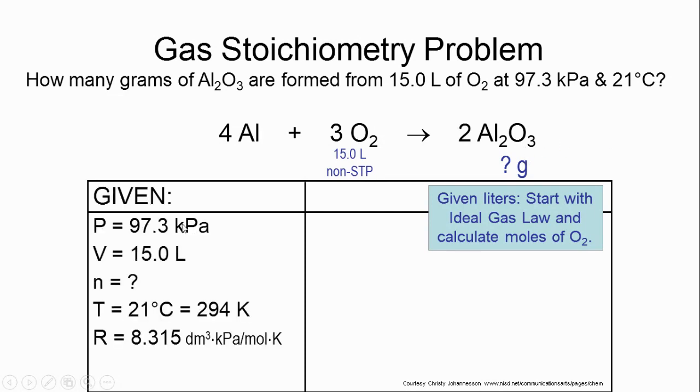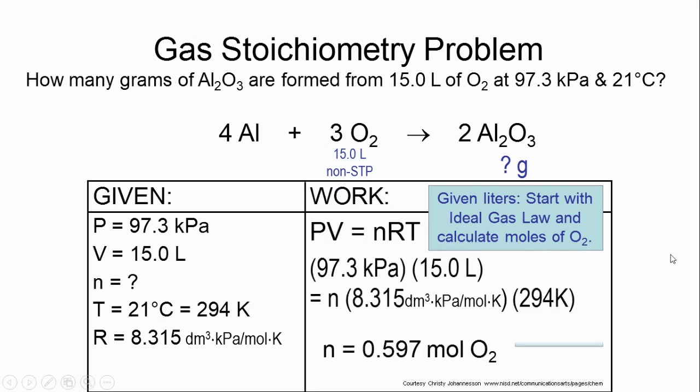So I'm going to write down all the given information. I'm given the pressure in the problem. I'm given the volume. I'm given the temperature. And I just reflexively add 273 to get that into Kelvin temperature. Always convert Celsius into Kelvin when doing gas laws. And again, I chose the R that corresponds to the pressure in kilopascal. So at this point, I can choose my equation, the ideal gas law, PV equals nRT.